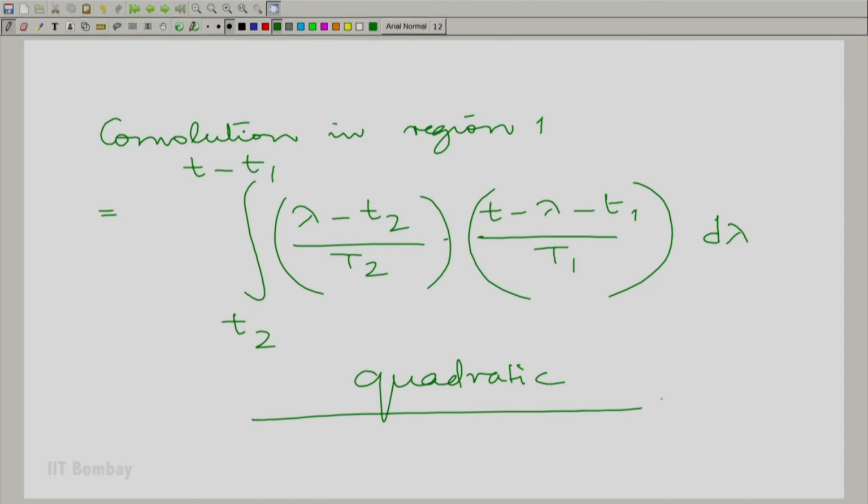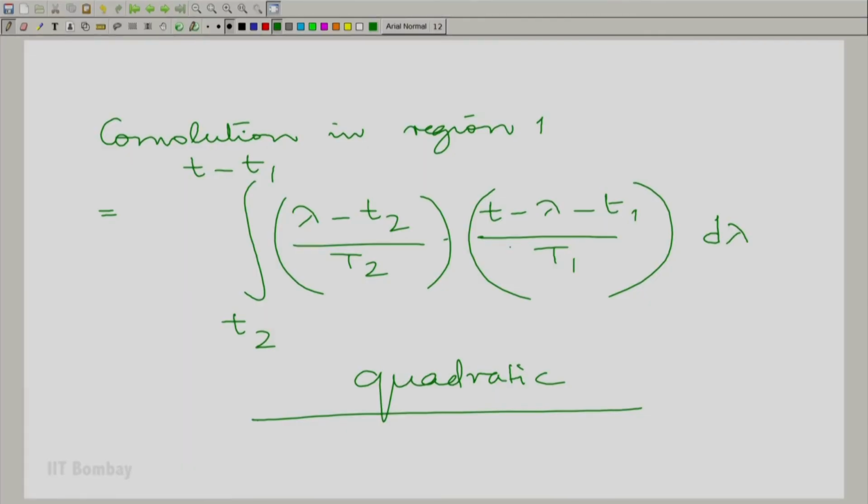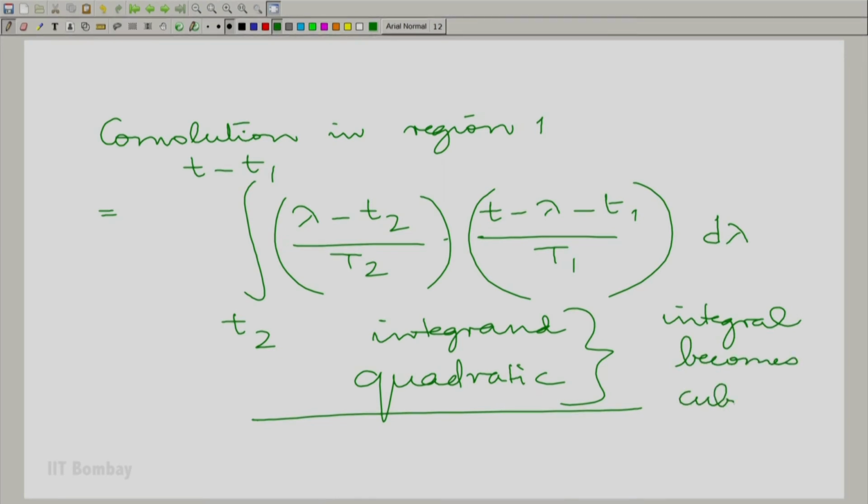When you multiply 2 line segments and integrate, you are going to get some kind of a quadratic. Now, in fact, the integrand is quadratic, but when you integrate it, it is going to be cubic. If you expand this and look at the expression, the integrand is quadratic. So, you would have a lambda squared term and so on. So, the integral will be cubic.